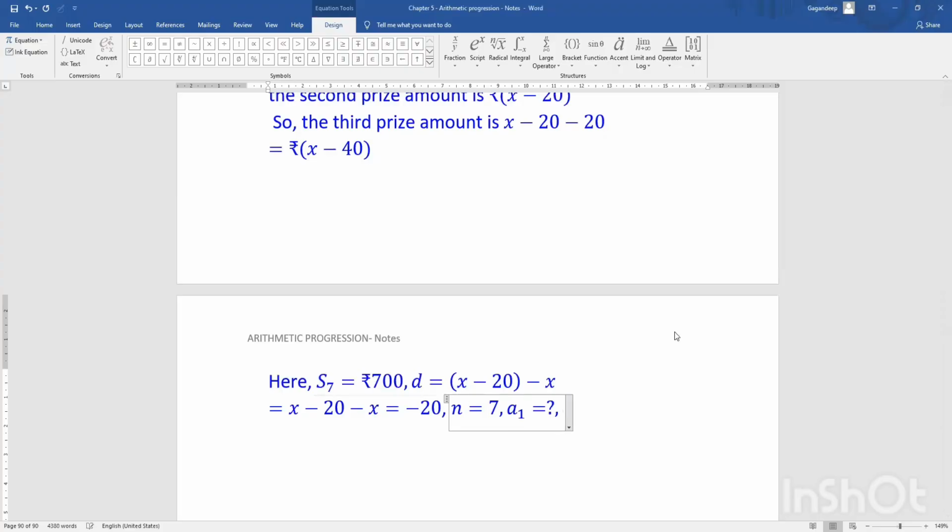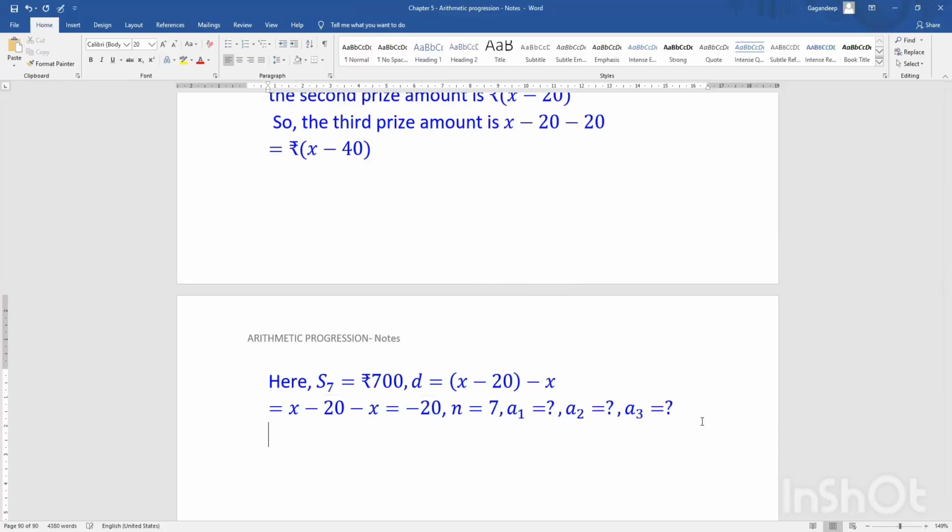Then we have a2 question mark, then a3, then we need to find out a4, then a5, a6, and finally we need to find out a7.